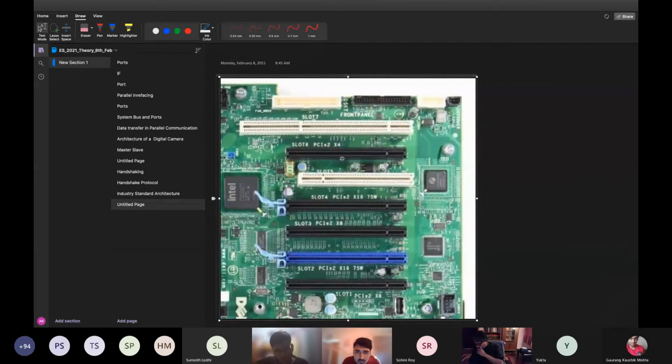You can see PCI slots: 1, 2, 3, 4. There are many PCI slots here. And there is a RAM system bus, this is for the RAM memory slot, which has direct address, etc. And these are PCI. You can see it is written PCI, PCI, PCI. There are lots of PCI slots here. It must be an industrial grade computer with an Intel motherboard. Could you see this?